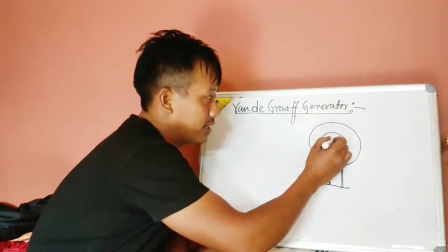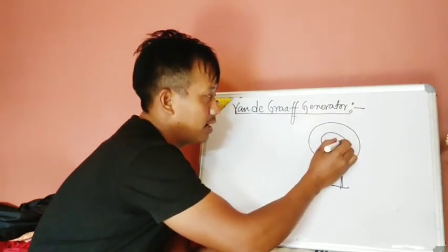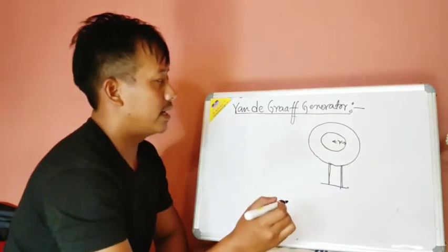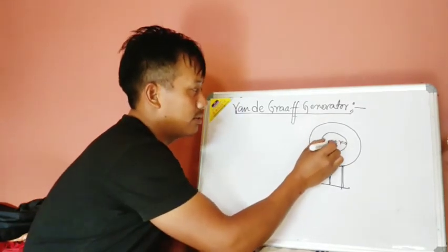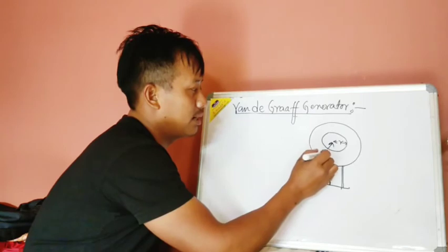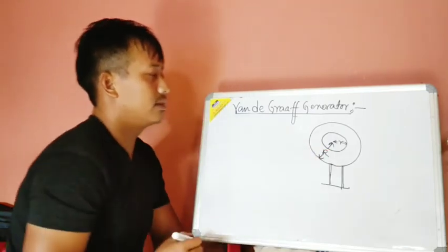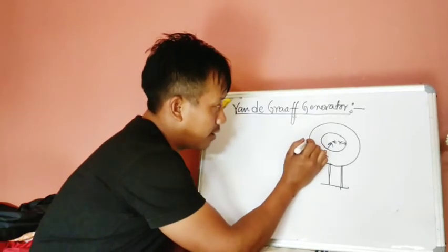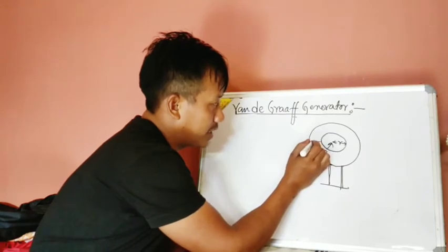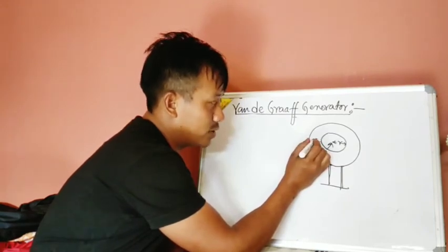The radius of the inner cell is small r, and the radius of the outer cell is capital R. These two metallic cells are connected, and you can use a switch here.